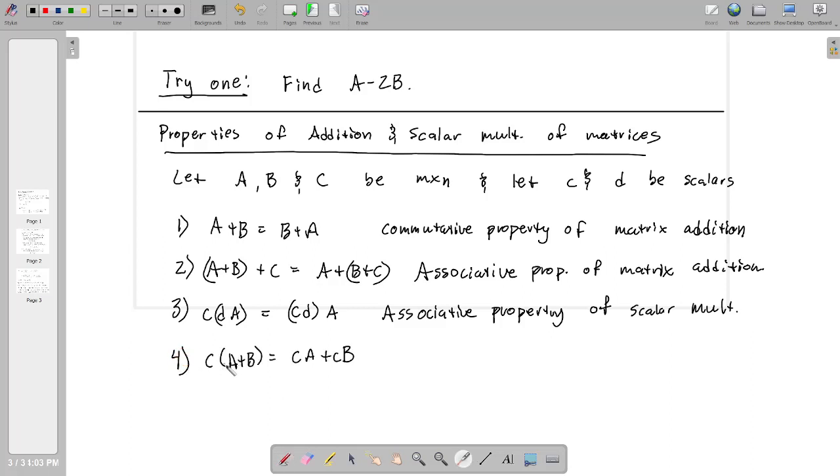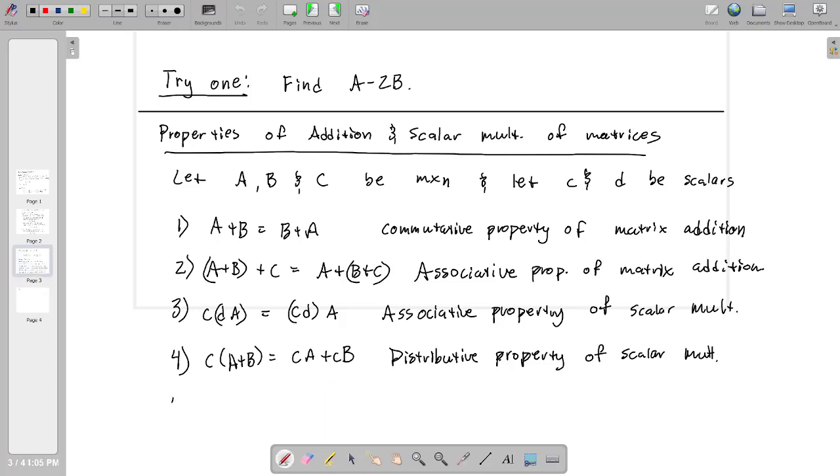And 4, we have c times A plus B is equal to c times A plus c times B. This is the distributive property of scalar multiplication. What it means is if we have c times a sum of two matrices, then we can distribute this scalar c to A and to B, just like we normally would with regular numbers instead of matrices. 5 is the other version of the distributive property.